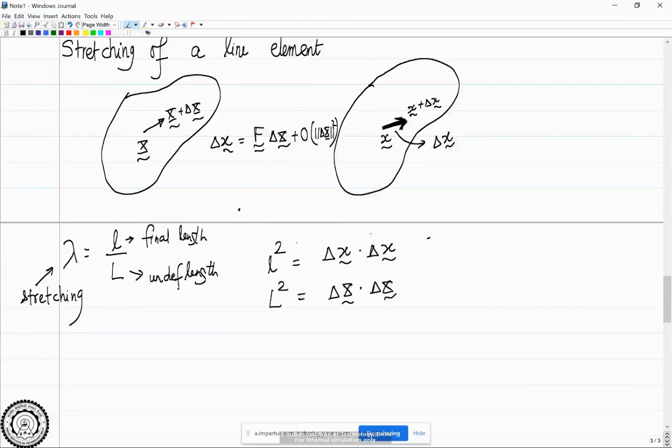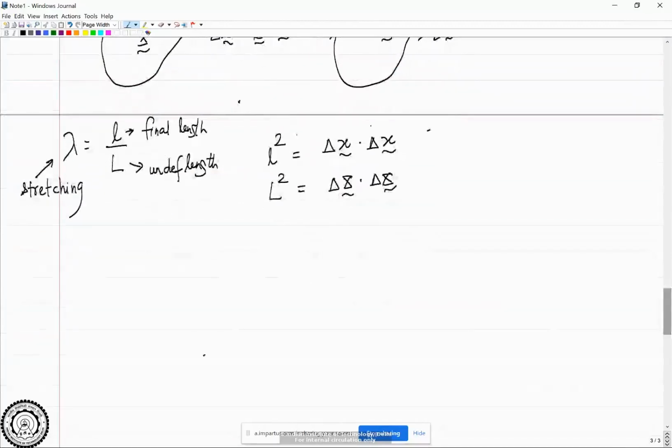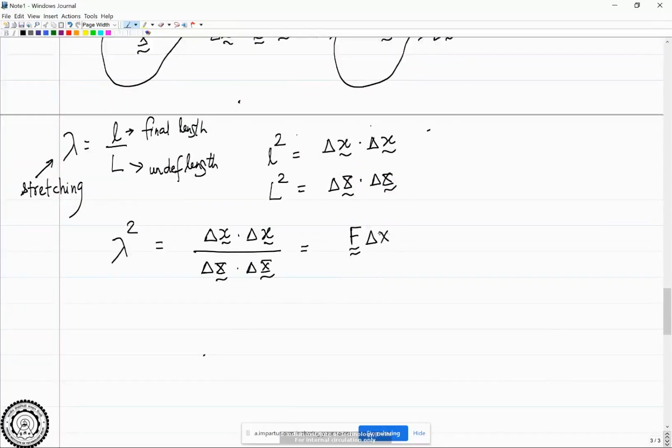Now, what should we do next? Yeah. So maybe I find out lambda square, the stretching square. So that is then delta small x dot delta small x divided by delta capital X dot with delta capital X, which is the same as, I write the formula for delta small x, which is F delta capital X plus big O delta capital X square, isn't it?